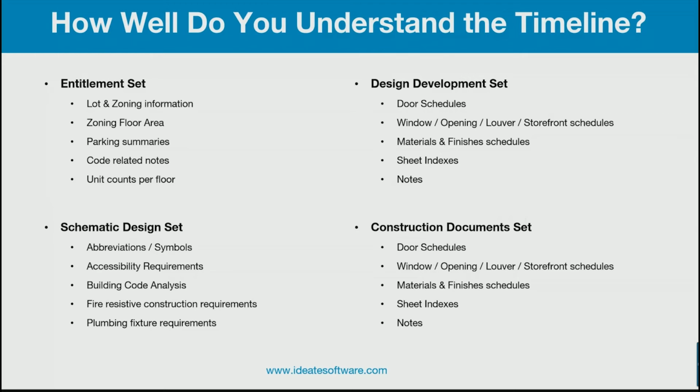Code-related notes, unit counts, and all these things for residential projects, for instance, come in handy when a majority of the designs are still on the sketch table, so to speak, but have not completely come to fruition in a delivery platform such as Revit or AutoCAD. But typically, most offices, as you can tell, use Revit. So bridging that gap is important, and Ideate provides all the possible opportunities for you to do that.